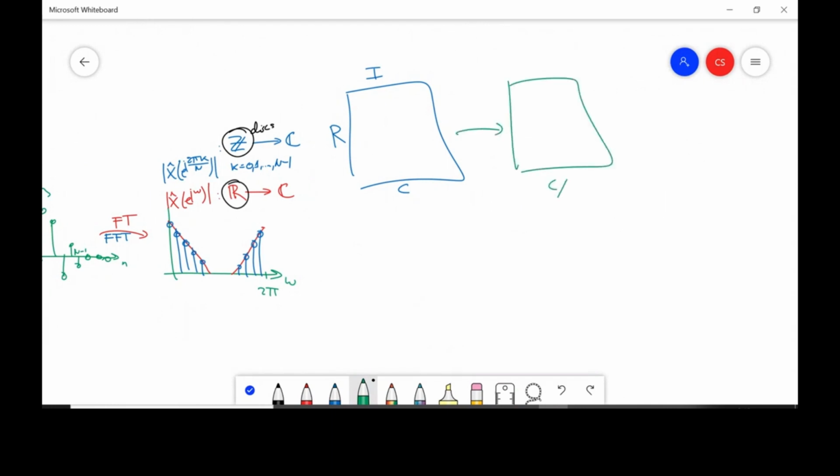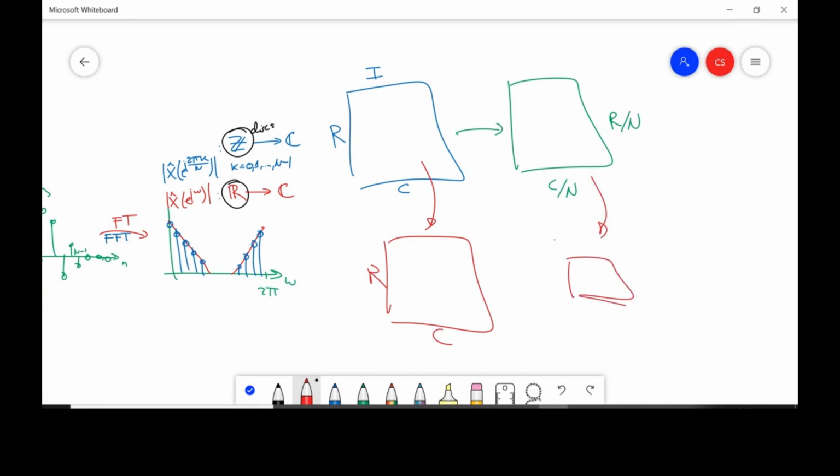So it has C divided by N, R divided by N samples. So the Fourier transform of the original also has RC coefficients, and this one now has C divided by N, R divided by N.